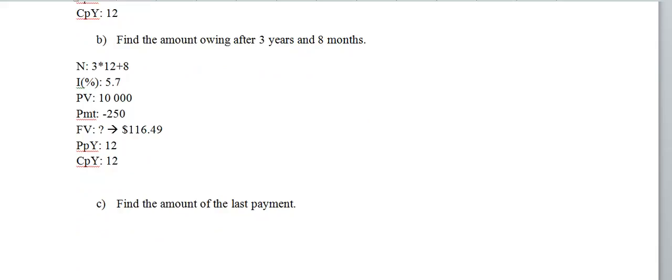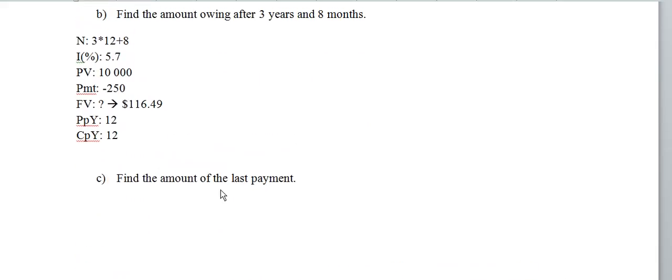Now, part C here, there's a reason I broke this up. It asks you to find the amount of the last payment. So you might be thinking, oh, well, that's a given, it's just part B. Have a quick think of why it wouldn't actually just be part B. This $116.49 is the amount owing after 3 years and 8 months. 1 month passes before we actually make our final payment.